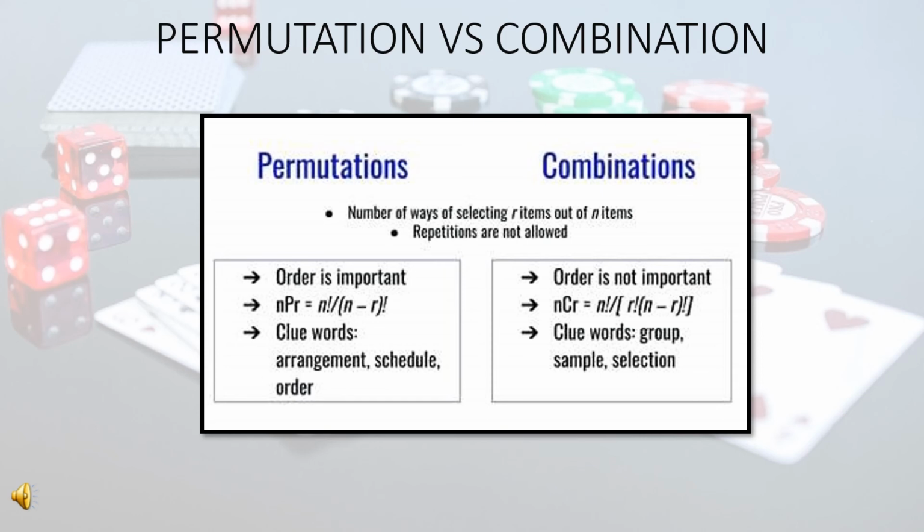There are two different formulas also, and clue words. From the context of the question, how can you identify whether the problem is permutation or combination? For permutation, clue words will be arrangement, schedule, order, and for combination, the clue words can be group, sample, selection.